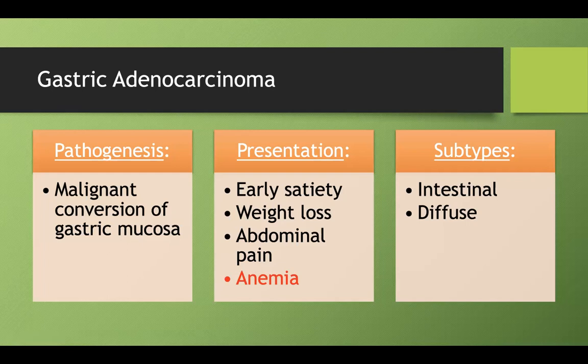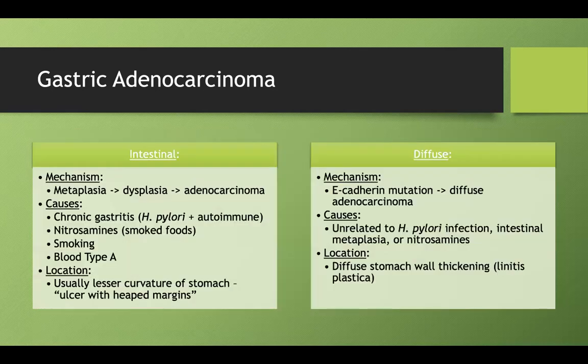I put gastric adenocarcinoma, but any of the cancers. So I could have included squamous cell carcinoma of the esophagus. I could have included esophageal adenocarcinoma as well. So any of the cancers honestly can cause some sort of GI bleeding. Don't think it's unique to gastric adenocarcinoma.